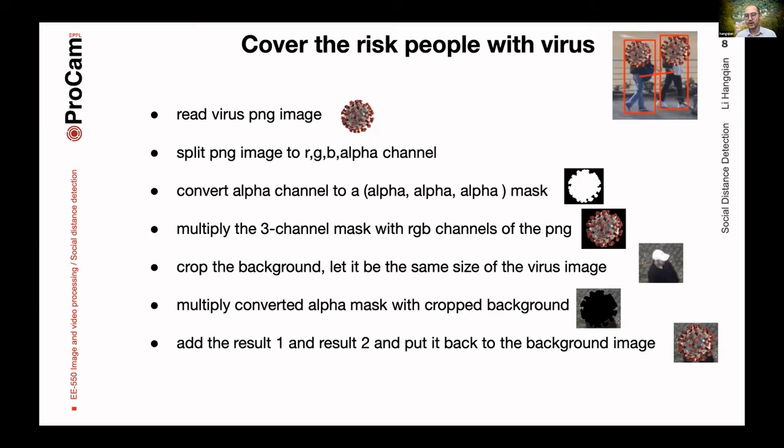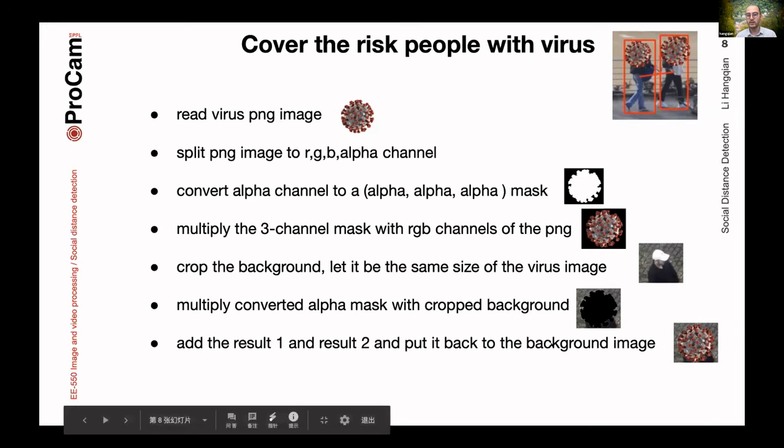Then I multiply the mask with the RGB channels of the virus image, and I get this. Next, I crop the background to the same size as the virus image. This is the people at risk. Then I multiply the converted alpha mask with the cropped background, get this, add these two together, and put the result back into the background image. Finally, I get this.